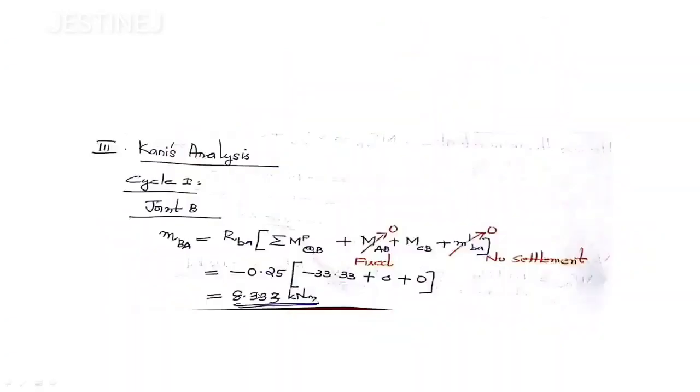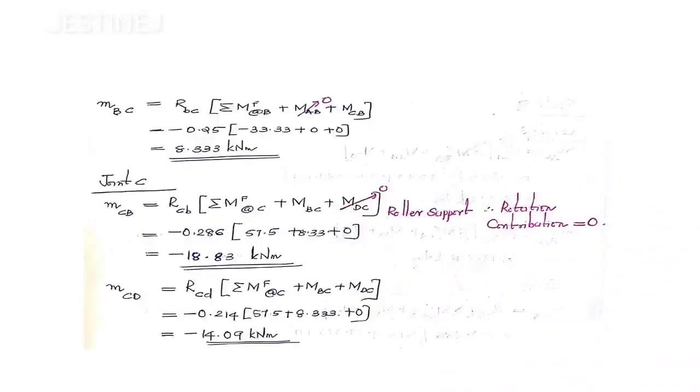You can also observe the calculations followed here. This is the first cycle, which we already discussed. You can easily calculate each value from the diagram itself, including the near end contribution values. So this is cycle 1, the process at joint B and joint C, where all those values can be calculated.